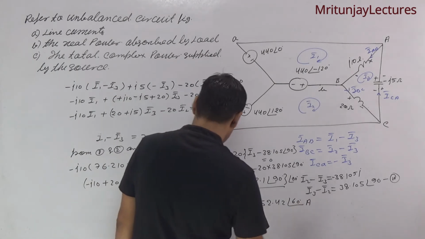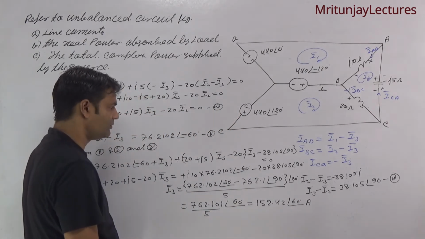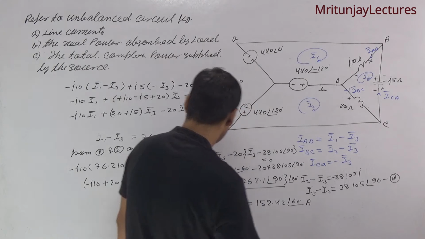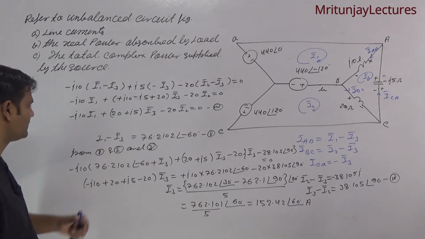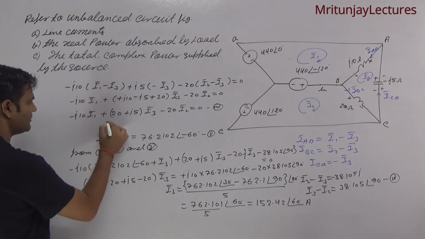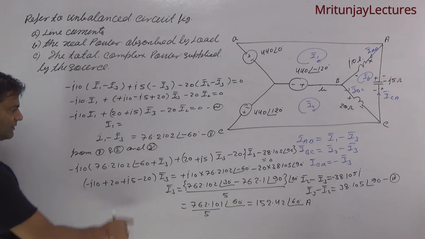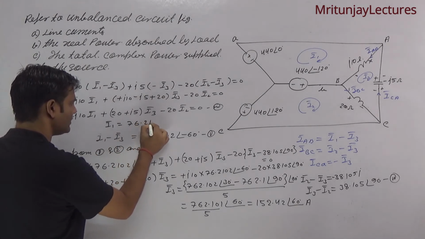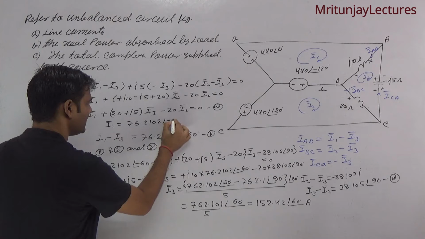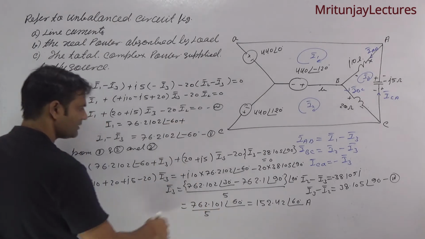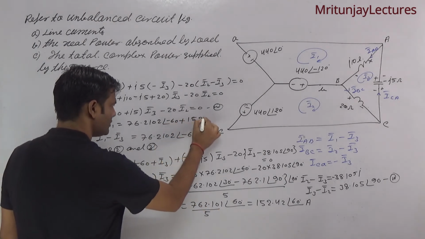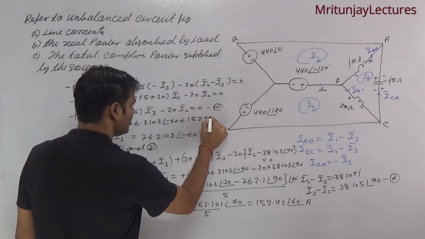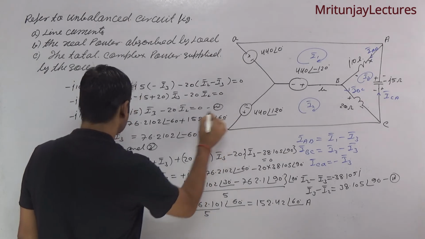That is I3 in ampere. First of all, this value put here, and we get I1: 76.2102 at the angle minus 60 plus 152.42 at the angle 60 degree.